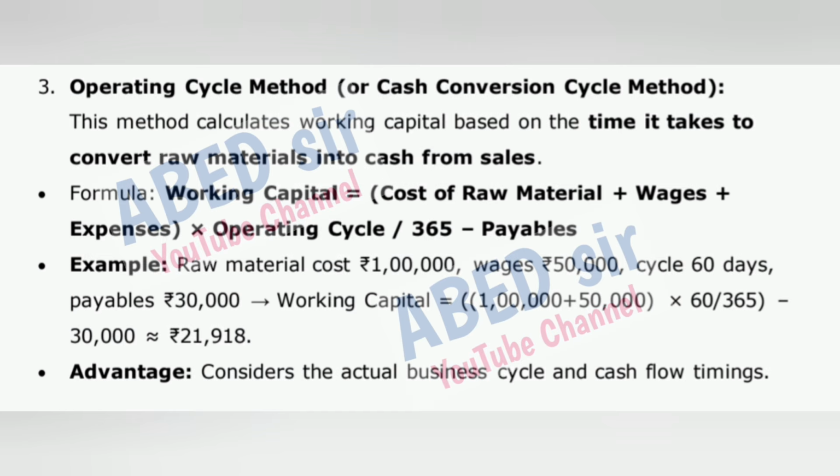Example: raw material cost 1 lakh rupees, wages 50,000 rupees, cycle 60 days, payables 30,000 rupees. Working capital is 100,000 plus 50,000 times 60 by 365, minus 30,000, which is 21,918 rupees. Advantage: considers the actual business cycle and cash flow timings.